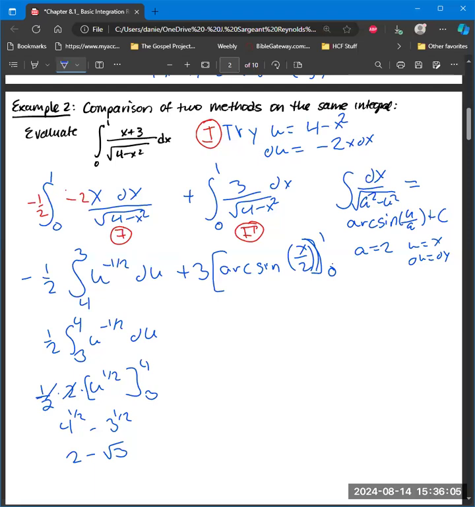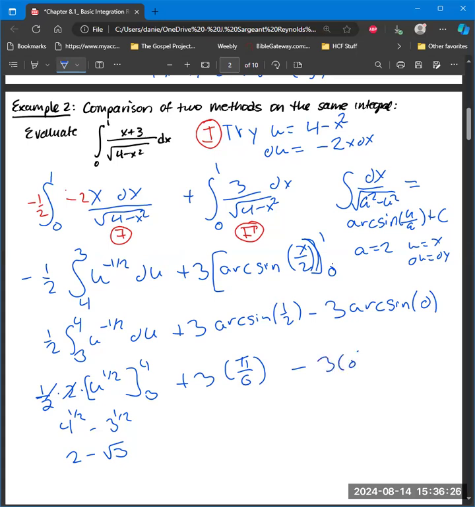And that's going to be 3 arcsine of 1/2 minus 3 arcsine of 0. Arcsine of 1/2 is pi over 6. And then arcsine of 0 is 0.